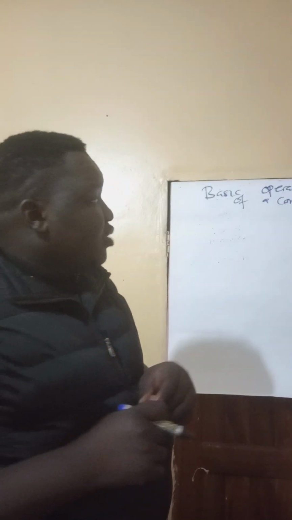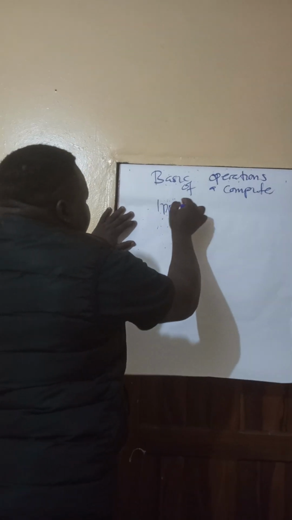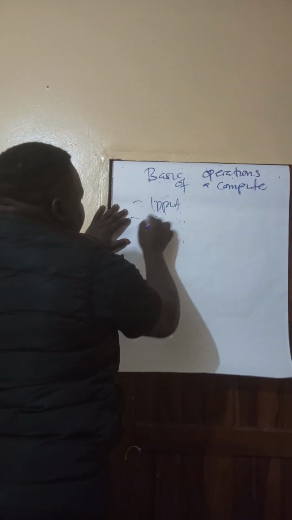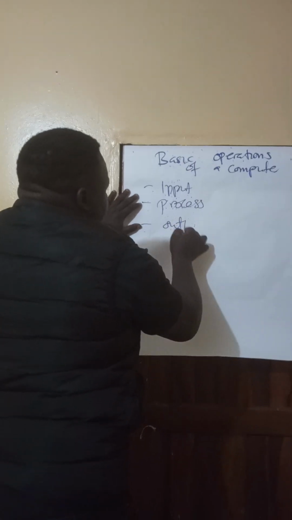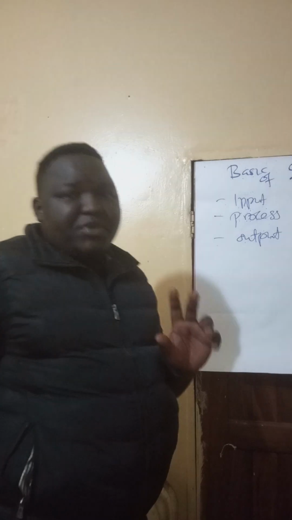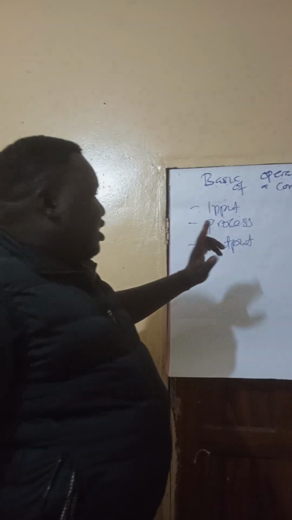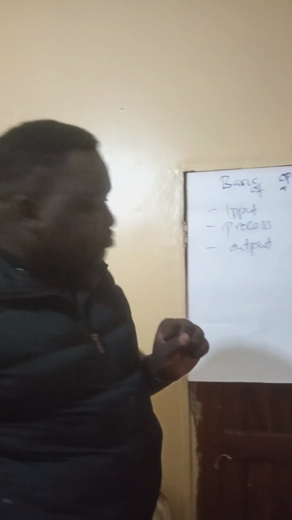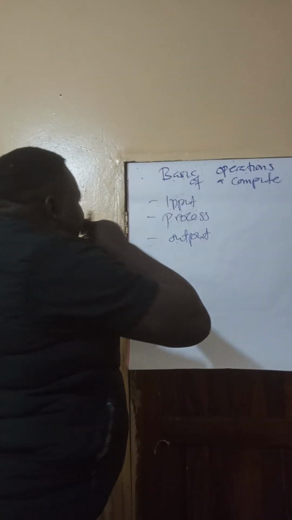Normally we look at three basic operations, which are input, process, and output. These are the three main basic operations of a computer: the input, the processing, as well as the output.